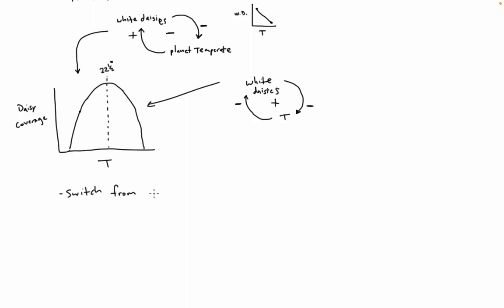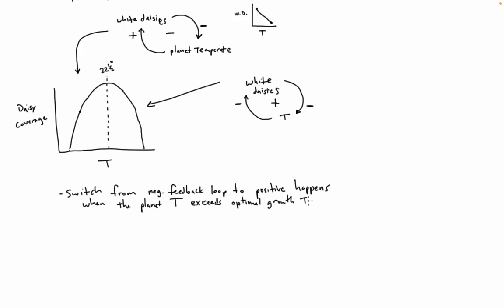The switch from negative feedback loop to positive happens when the planet's temperature exceeds the optimal growth temperature of the daisies.